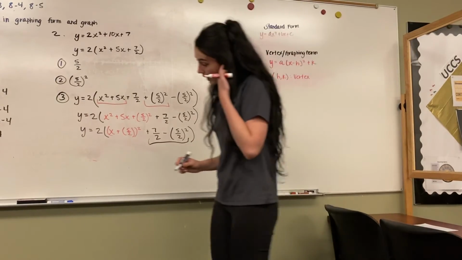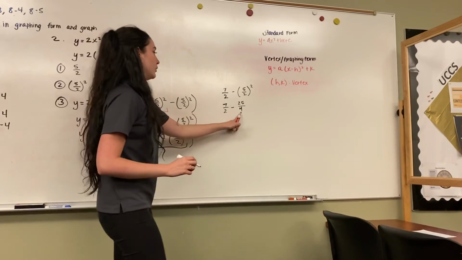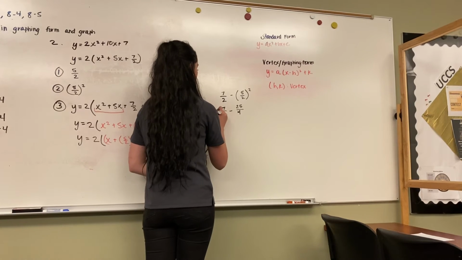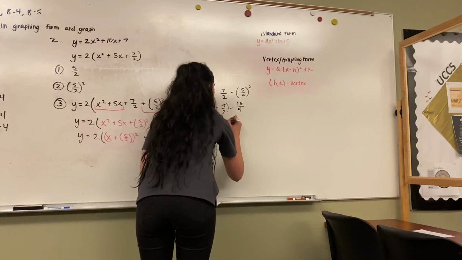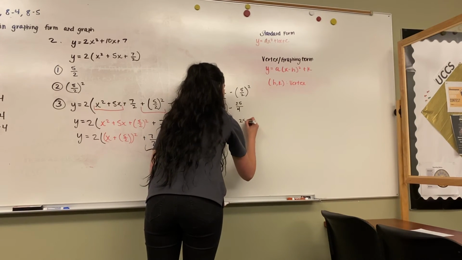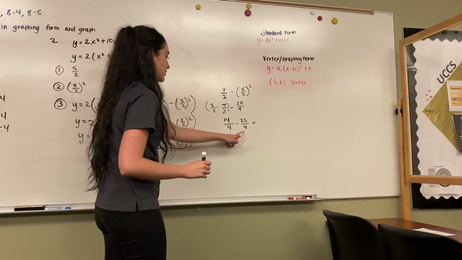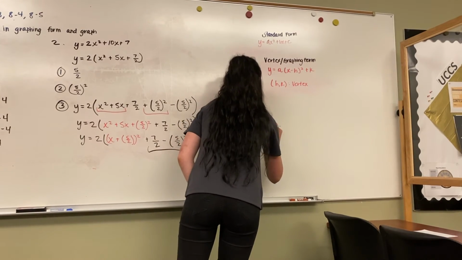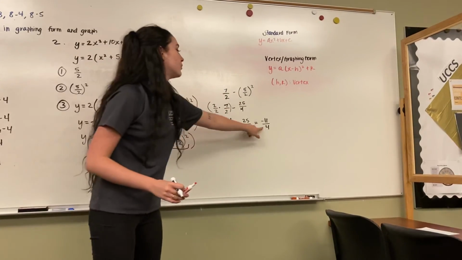So when we subtract fractions, we need a common denominator. So our common denominator is 4, which means I need to multiply this fraction by 2 over 2. So 7 times 2 is 14. And 2 times 2 is 4, minus 25 over 4. So if we subtract those fractions, the denominator stays. 14 minus 25 is negative 11 over 4.